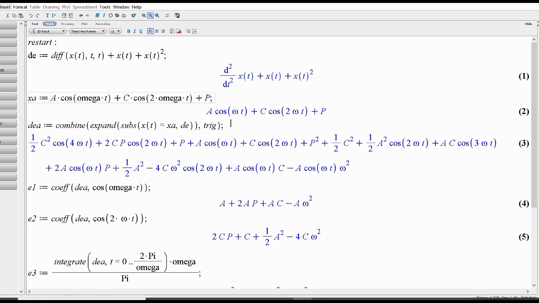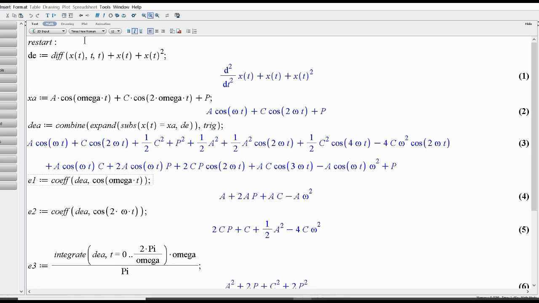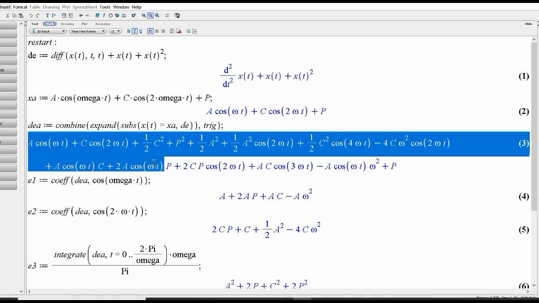Okay, now because of that asymmetry, because of the shift, I have added a constant term, because this is a cosine series, right? But in Fourier series you know that there is a constant and then other things. So I have this constant term, and then I have cos omega t and something, c cos 2 omega t. Okay, so here we will start like that, and you will see that this is your check to see if the series is working.